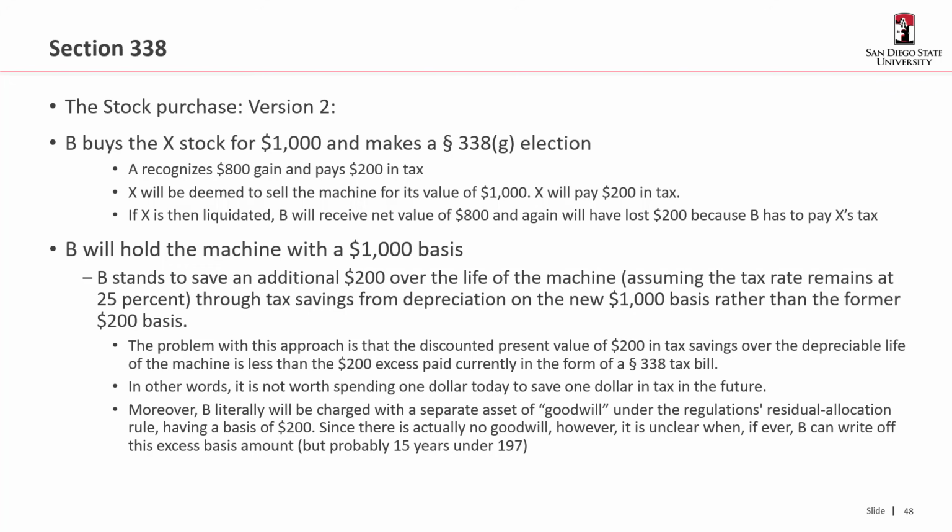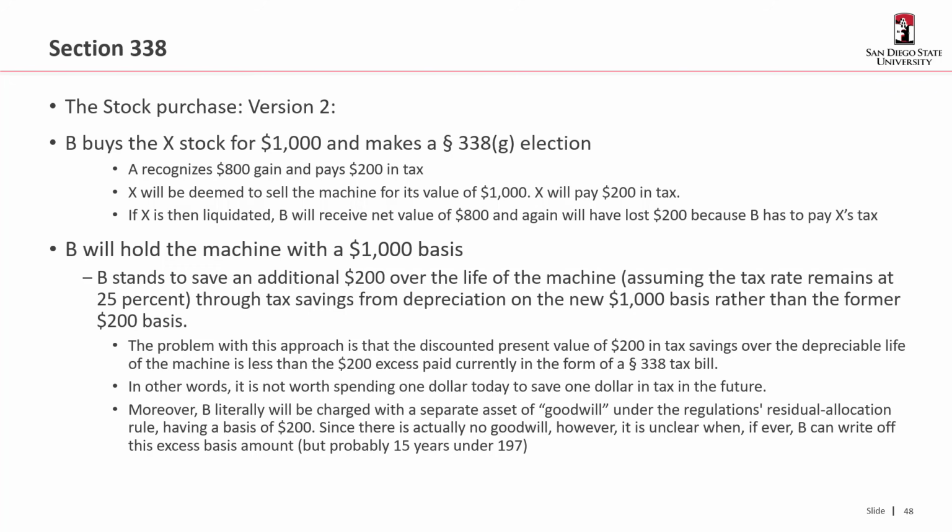So now B stands to save that $200 over the life of the machine, assuming the tax rate remains at 25%, through savings from depreciation on the $1,000 basis rather than the $200 basis. The problem with 338G is that the discounted present value of $200 in savings over the depreciable life of the machine is clearly less than the $200 they have to pay at the time of the 338G election.